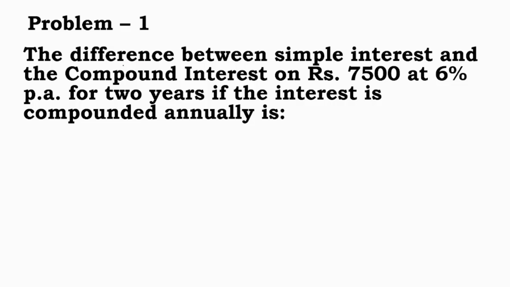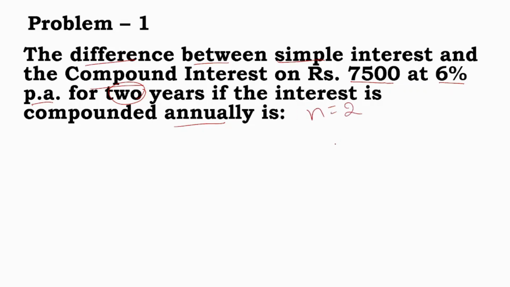Now we discuss the first problem. Find the difference between simple interest and compound interest on 7,500 rupees at 6% per annum for 2 years, if the interest is compounded annually. Annual means for every year. So for 2 years, how many time periods? N equal to 2.